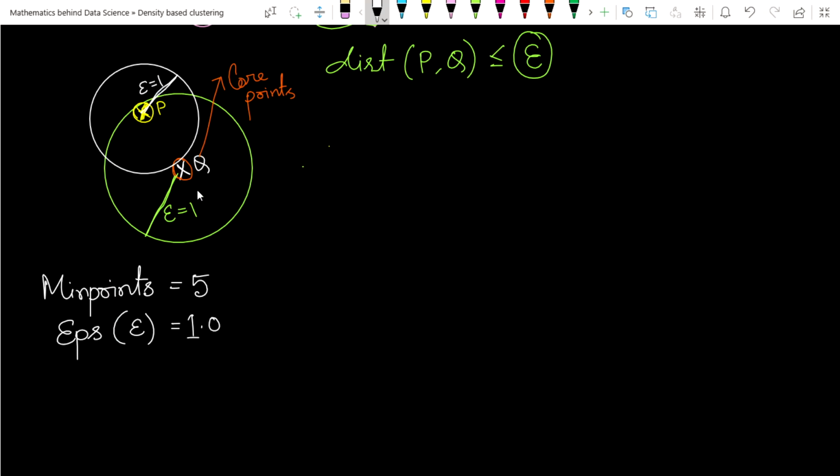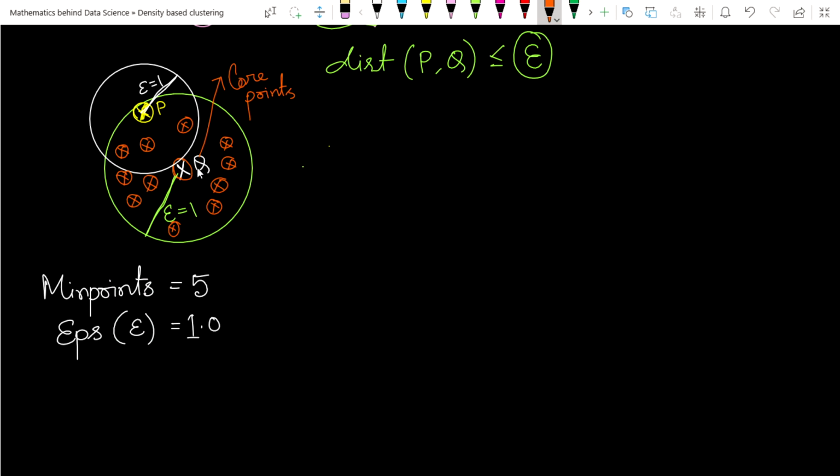But for the number of points in this region, I am using the orange color to denote the number of points in the Q region. How many points do we have? 1, 2, 3, 4, 5, 6, 7, 8, 9, 10, 11.